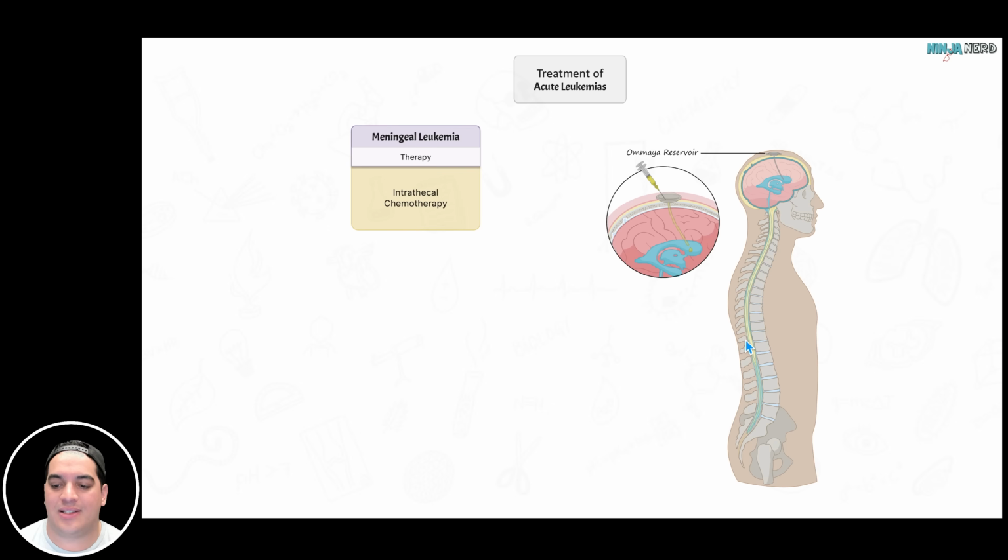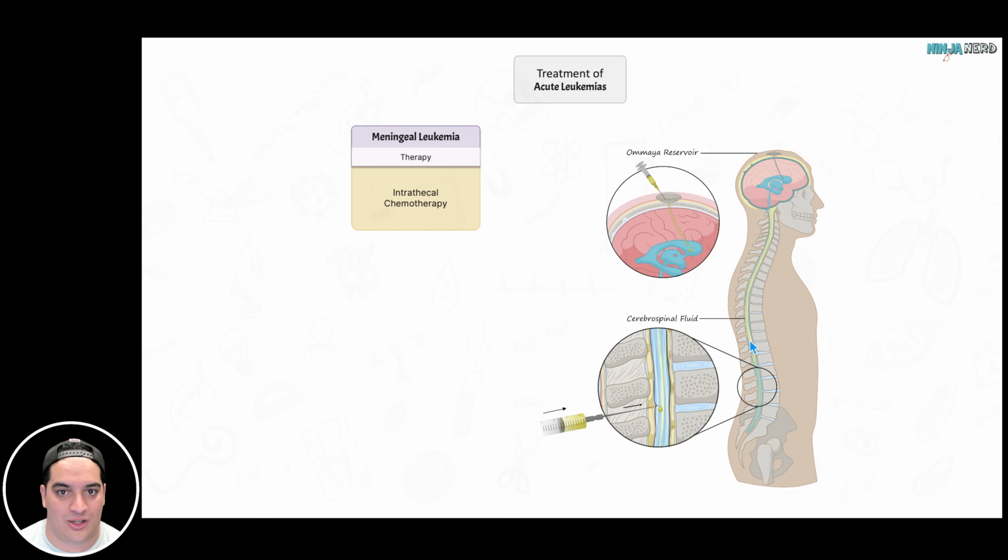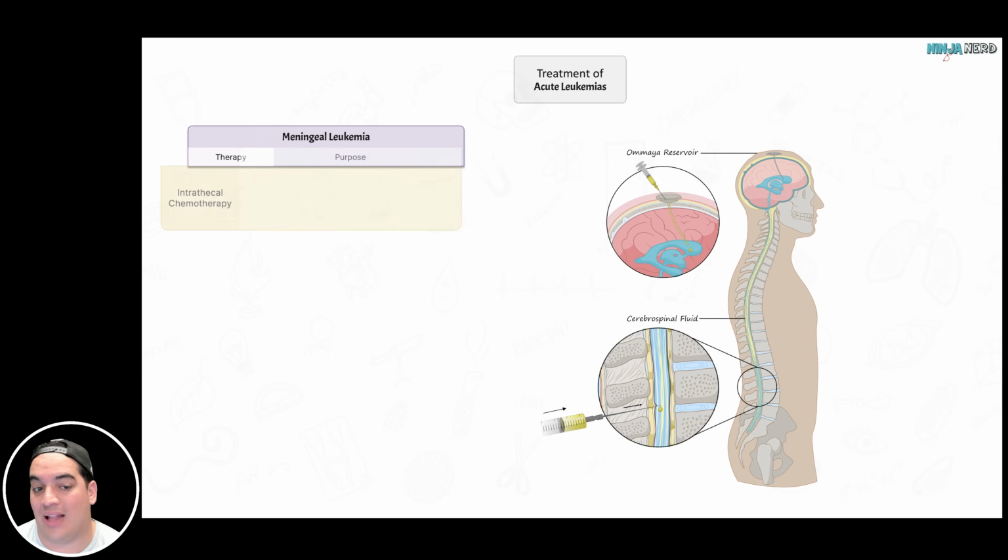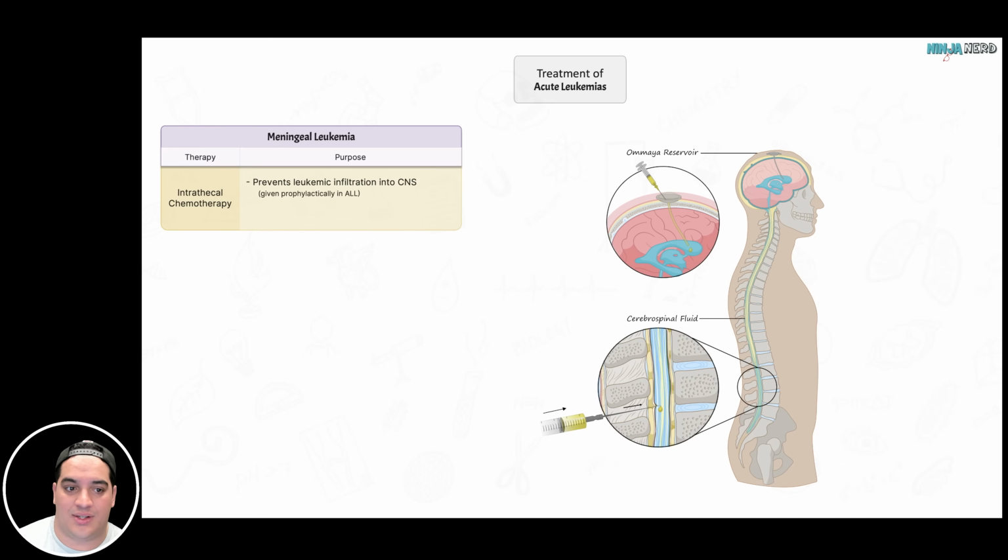Or we can access their cerebrospinal fluid via lumbar puncture and inject that medication right in there as well. Again, it'll come into contact with the meninges and get rid of a lot of those leukemic cells, or at least prevent them from forming there. So we oftentimes do this as prophylaxis with the diagnosis itself. But if the patient actually has infiltration of leukemic cells, confirmed via LP, we have to give pretty high doses and for a little bit longer than desired.